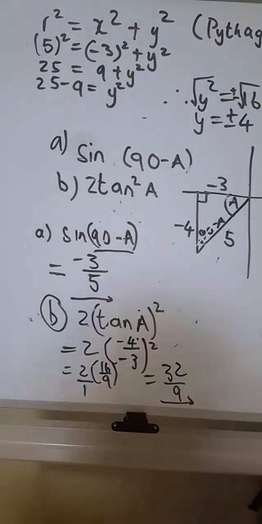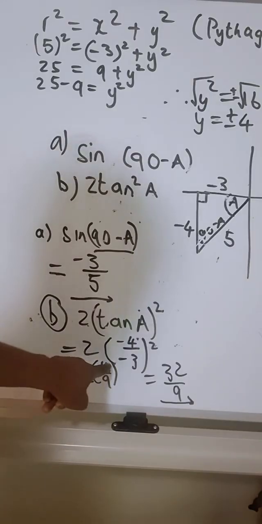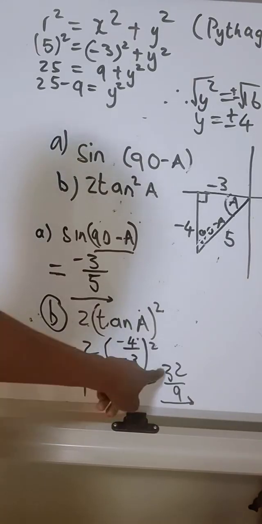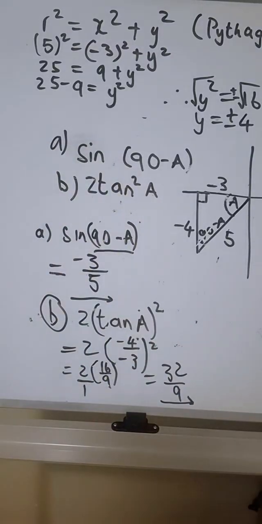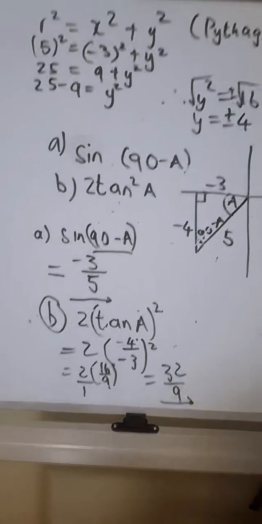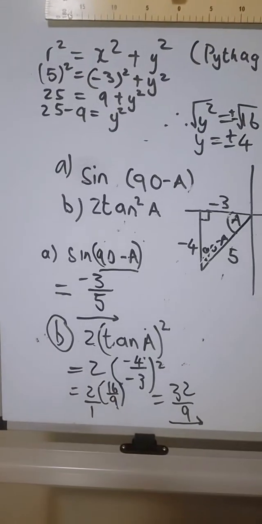This is one term, so you multiply numerator with numerator: 2 times 16 is 32. You multiply denominator with denominator: 1 times 9 is 9. That's how we go about answering questions of that nature.